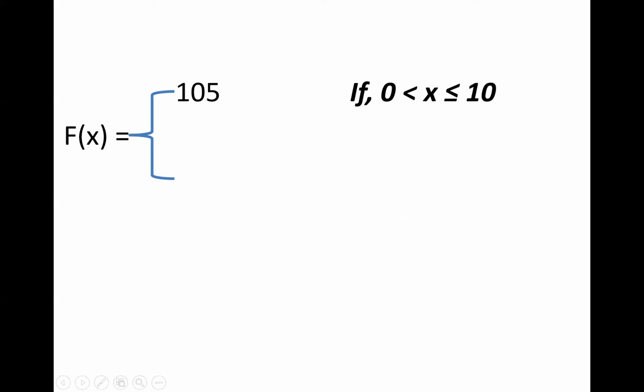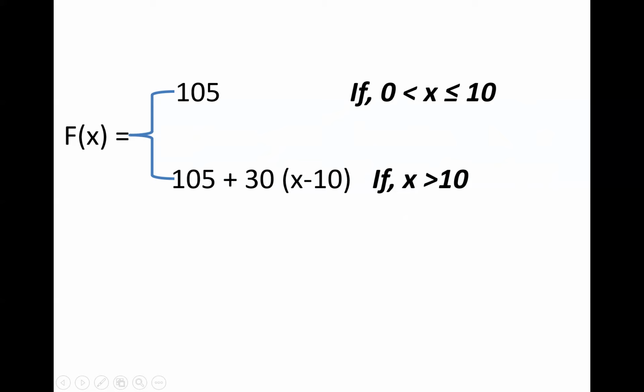And then second, 105 plus 30 quantity x minus 10 if your x is greater than 10. Now, notice we make use of the symbol, brace or bracket, kasi siya ang nagpapakita at siya ang nagsasabi na kahit may mga subfunction tayo, technically, iisang function pa rin ang piecewise function.